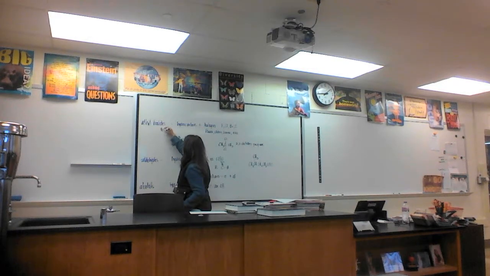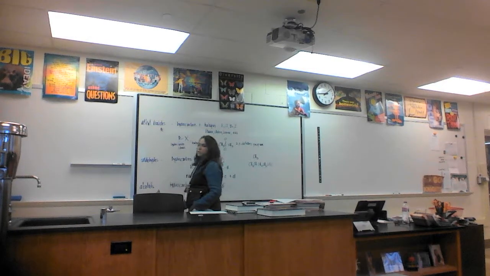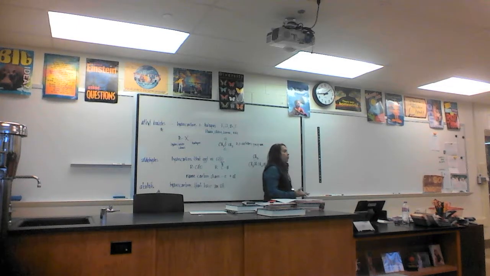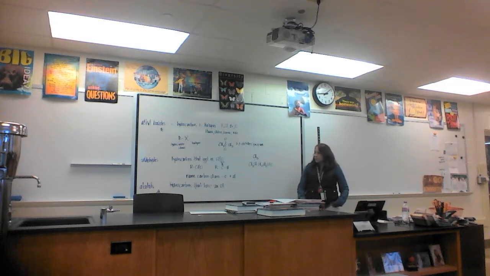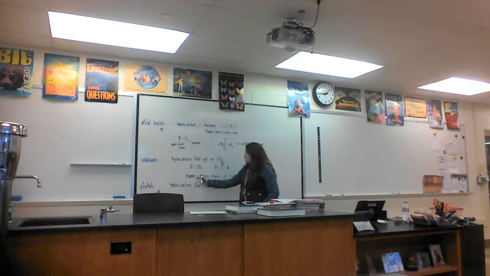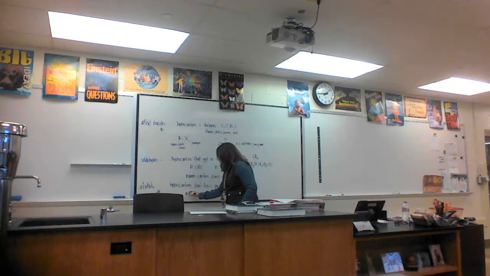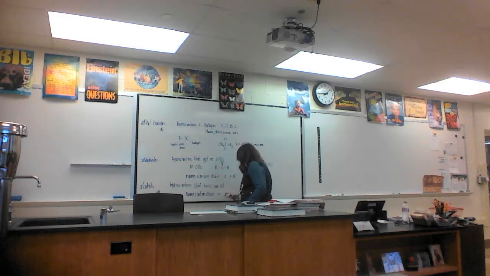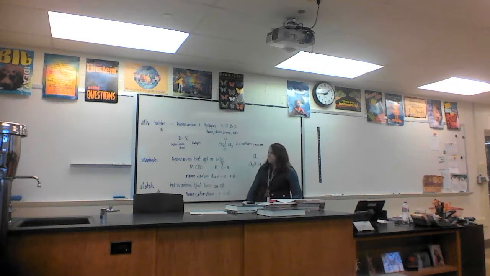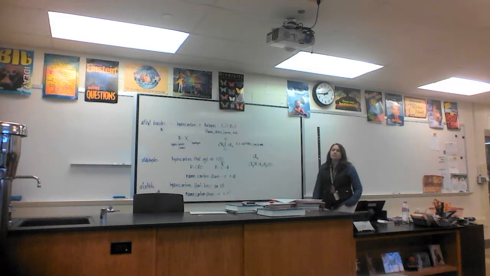This one you have to have a number. This one you also have to have a number. You have to say where the OH is. And what are they going to end in? You're going to name the carbon chain, minus the E plus OL. Aldehydes are AL, alcohols are OL.